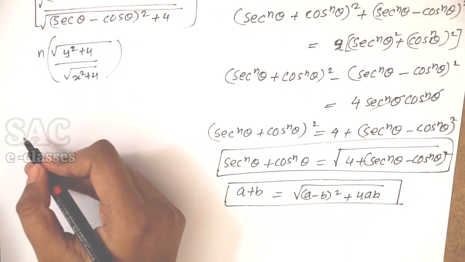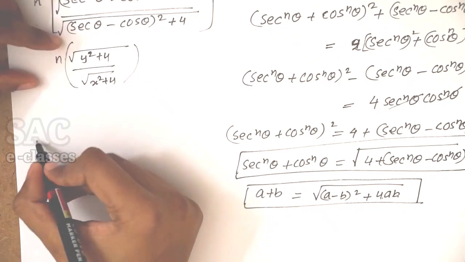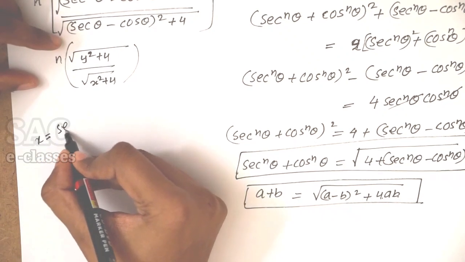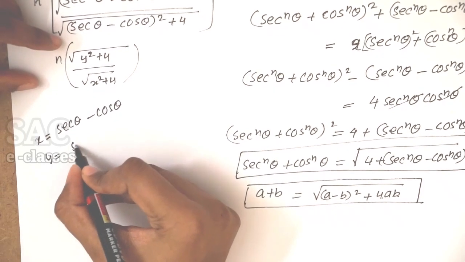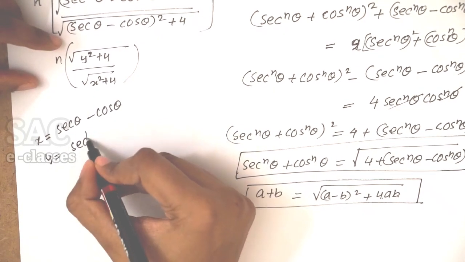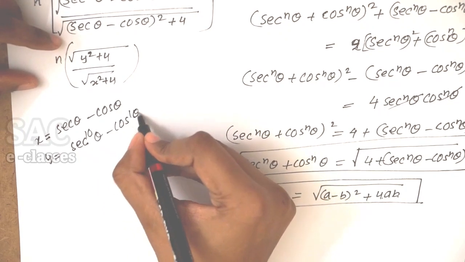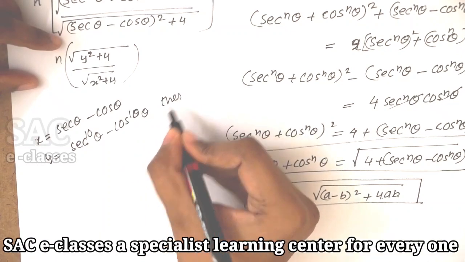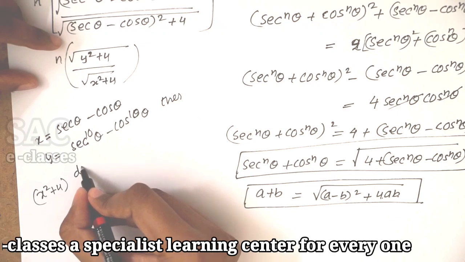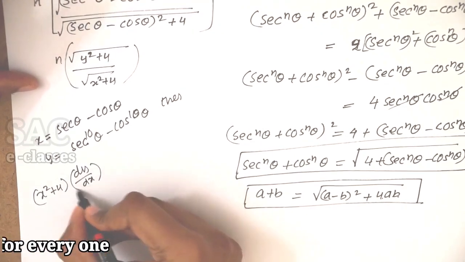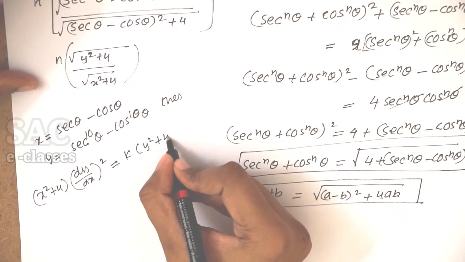Here the same problem was asked in 2018 in this way. x is equal to secant theta minus cos theta, y is equal to secant power 10 theta minus cos power 10 theta. Then x square plus 4 into dy by dx whole square is equal to k into y square plus 4.